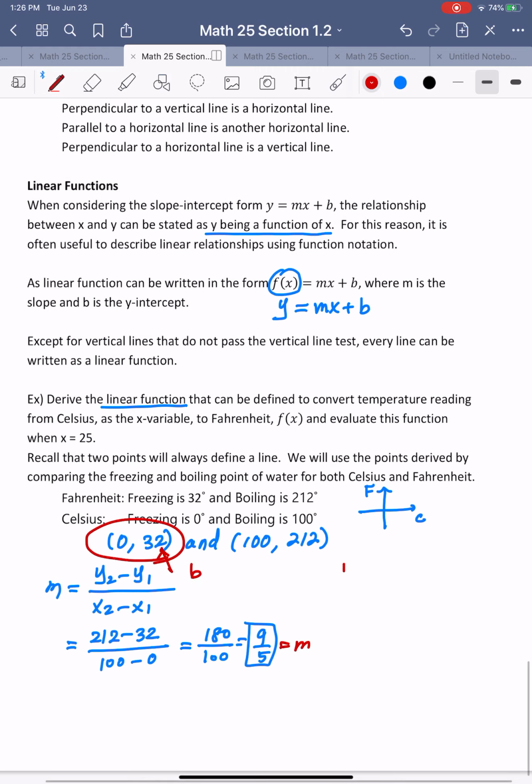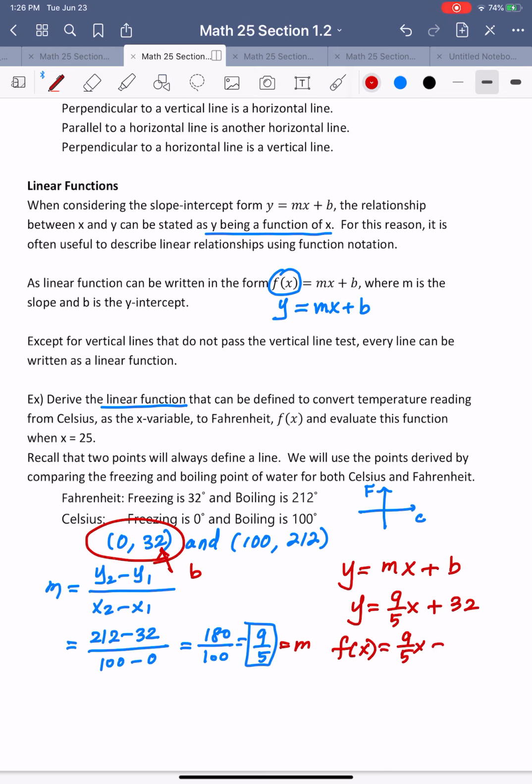Okay, so we got mx plus b, where m is 9 over 5, and then x for the Celsius to plug in, and then the 32. Now we need to actually find the function, so you can change it to f of x equals 9 over 5 x plus 32.